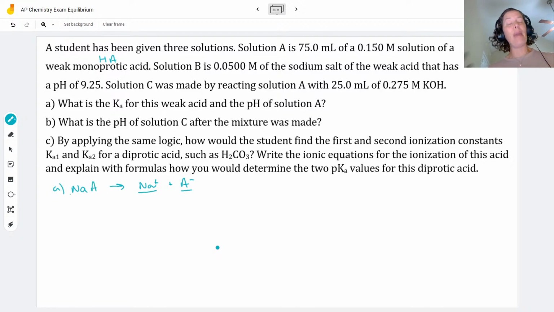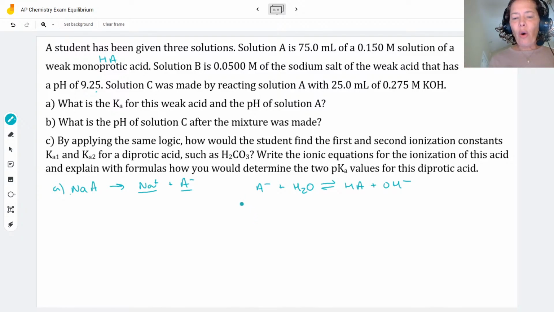Because it is a base, so it has acid-base properties, it's going to establish an equilibrium. So the equilibrium that it establishes is this. So it's in aqueous solution. It's reacting with water a little bit at least. And here we go. All right, so here is our equilibrium of our conjugate base in water. And this makes sense. Again, our pH is above 7, so it is a basic solution.